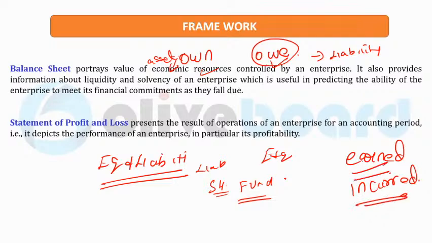Earned means I have earned my income. Incurred means it is an expense, I have spent. So it shows how much I have earned and how much I have spent. Ma'am, then income minus spent will tell you what is your profit or loss. Yes, of course, that's it. It tells me whether I have earned a profit or incurred a loss.